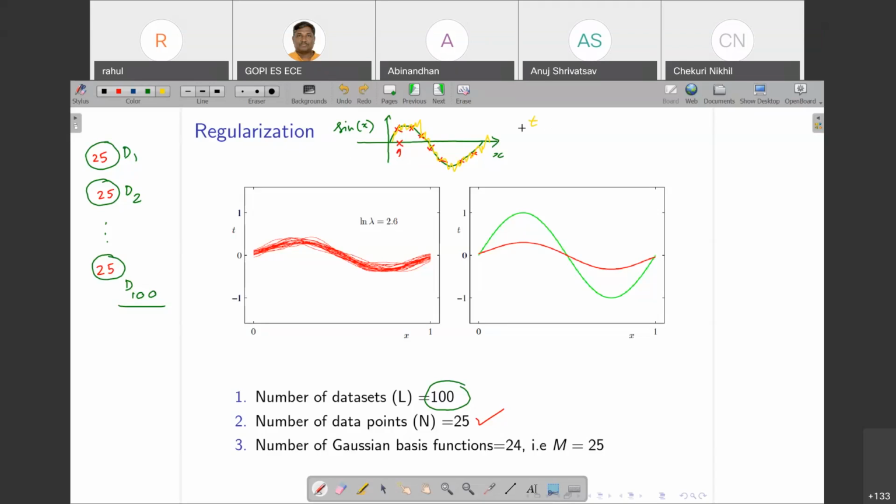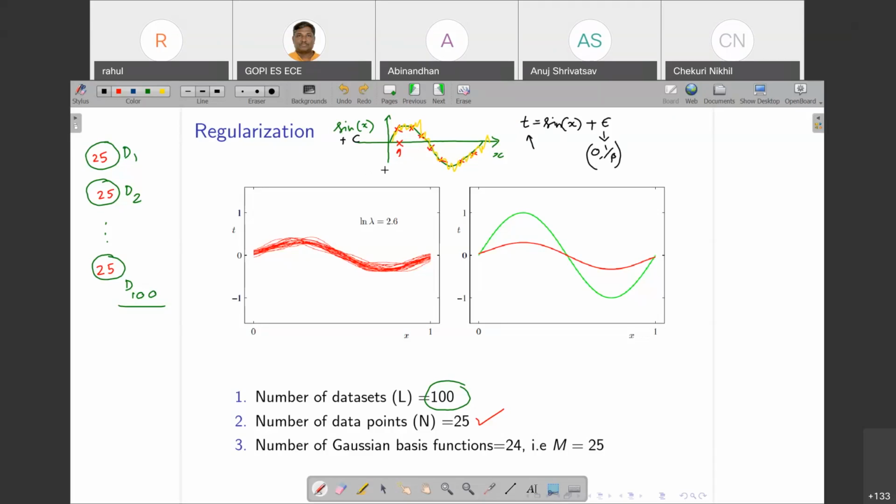In this case, the model is t equals sine of x, a function, plus the noise, and of course this noise has mean 0 and some variance. So you are actually capturing the data from a noisy observation, that is t. Sine x is the green one, and the yellow one is sine x plus epsilon, that random noise.